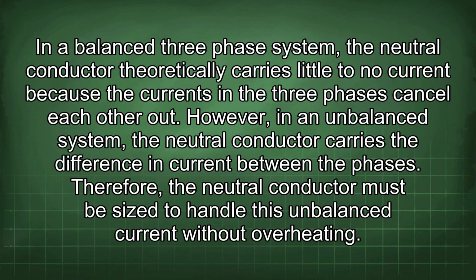In a balanced three-phase system, the neutral conductor theoretically carries little to no current because the currents in the three phases cancel each other out. However, in an unbalanced system, the neutral conductor carries the difference in current between the phases. Therefore, the neutral conductor must be sized to handle this unbalanced current without overheating.